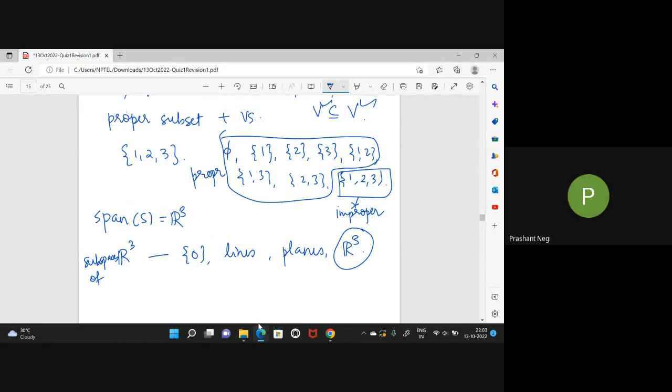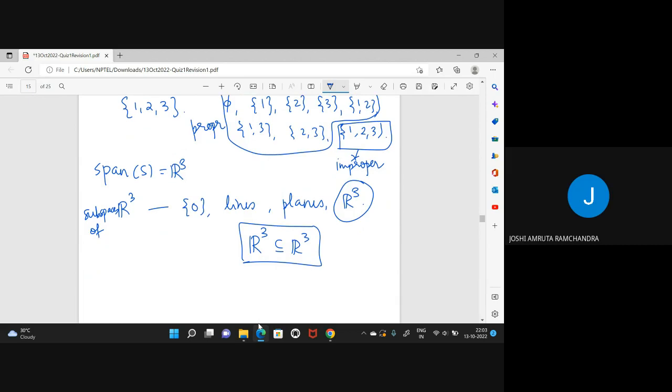No, because it is actually equal to R3. This is an improper subset, right? Is a plane a proper subset? Yes. A plane is not R3, right? So a plane is a proper subspace.